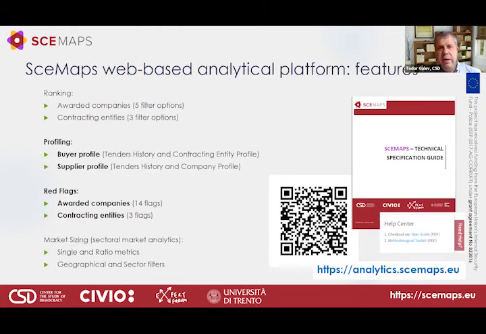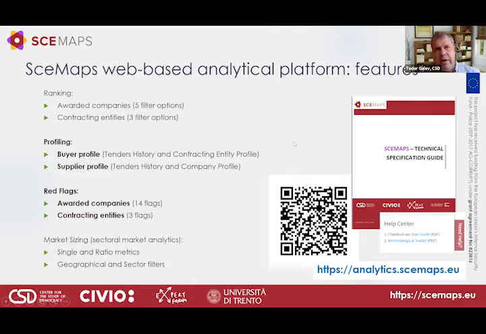So the Schemas web-based analytical platform consists of 4 major sections: ranking, profiling, red flagging, and market sizing. And here you can see the technical specification guide, which is also available as part of the help center of the platform.